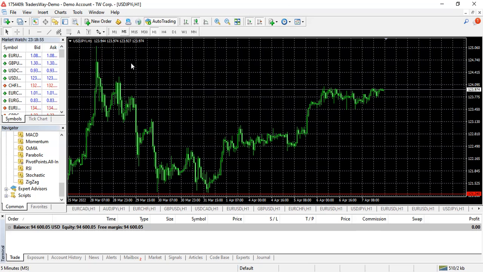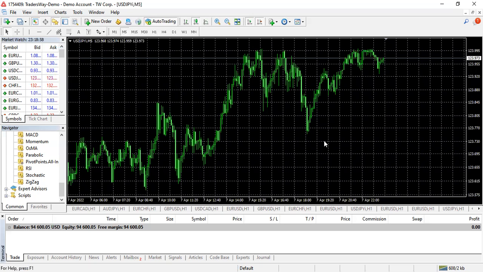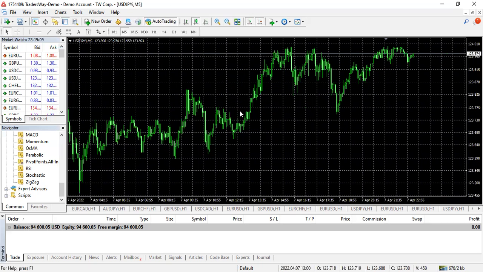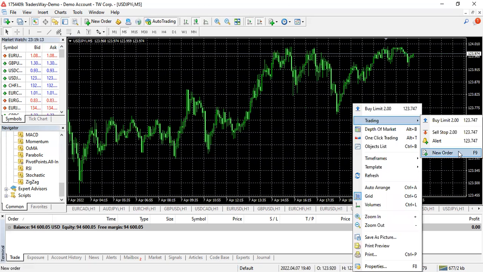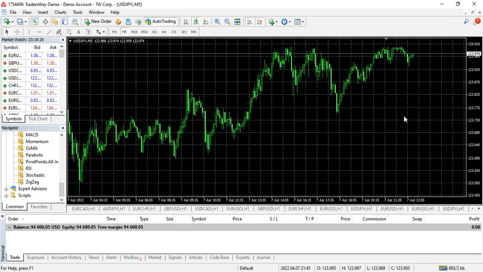So let's assume I'm taking a trade. I want to take a trade on 5 minute time frame. My network is a bit slow. I open a position. I will first of all allow that particular position to close, because as a scalper, I don't want to miss out on any trade.